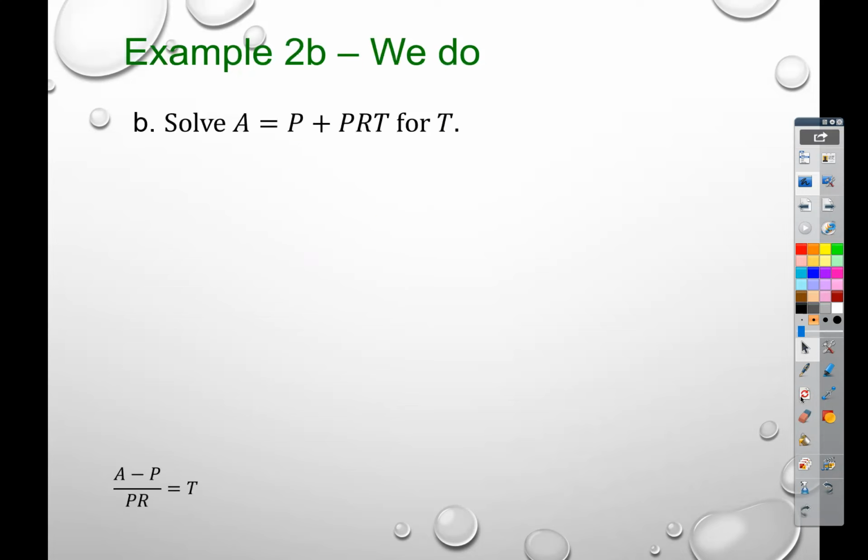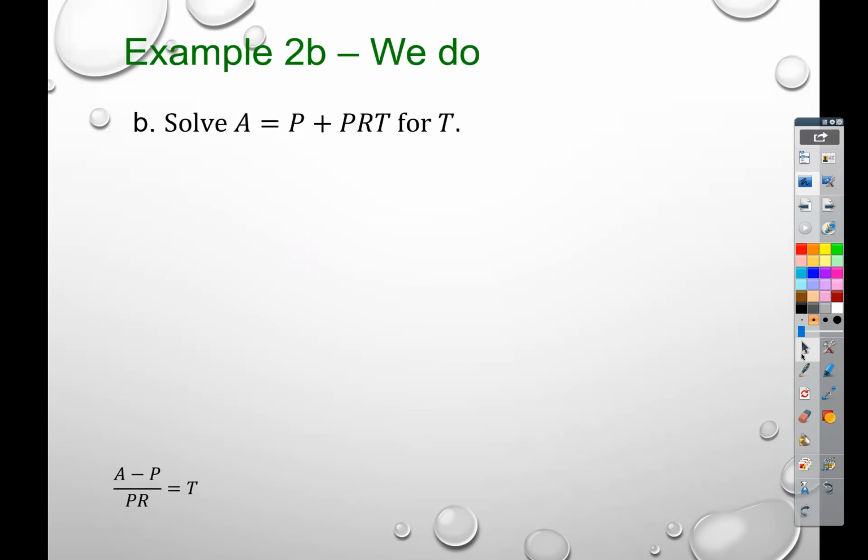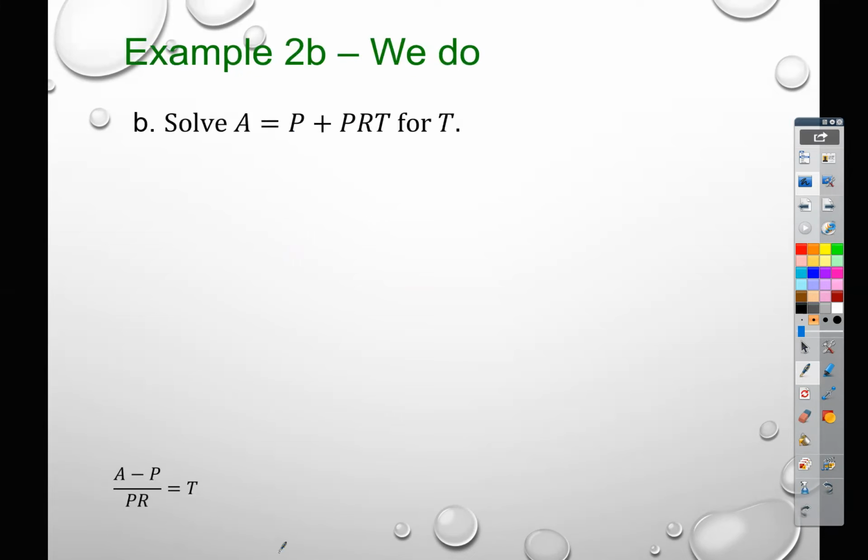Okay, the next one says solve A equals P plus PRT for T. All right, so we're getting the T by itself. So I'm going to subtract this P first.